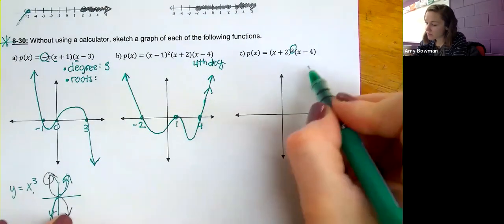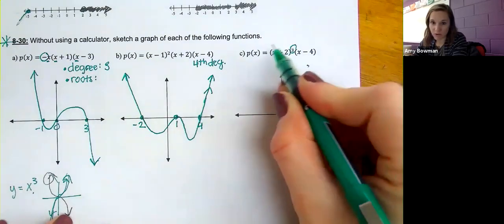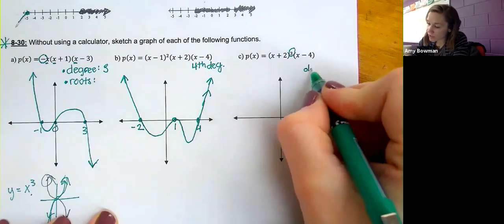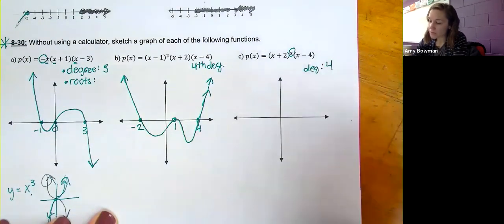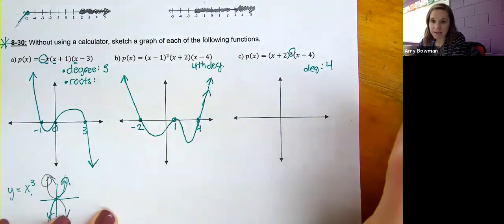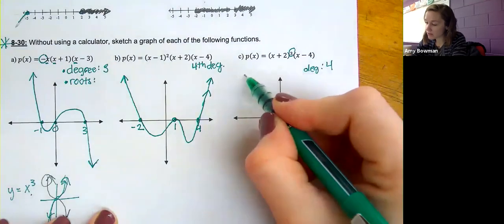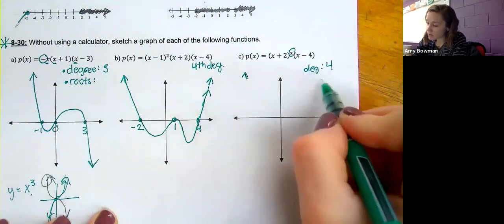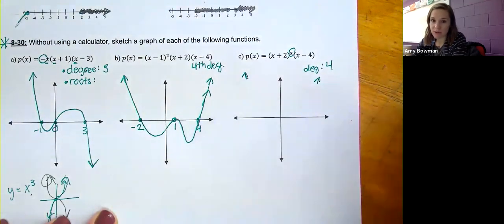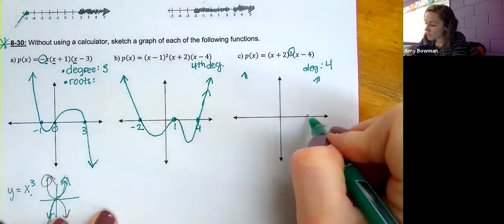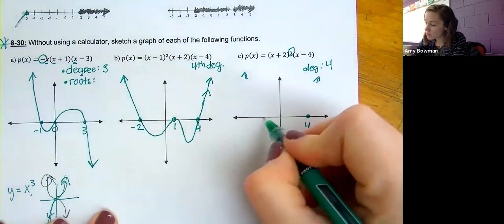The total degree of this function, I have a triple root right here, plus this one linear root. So this is a fourth degree, degree 4. Again, the ends are going to do the same thing. This has a positive coefficient, so both ends are going to be positive. So I'm just drawing those arrows to remind me it's going to start up and end up. All right, so my roots are +4 and -2.